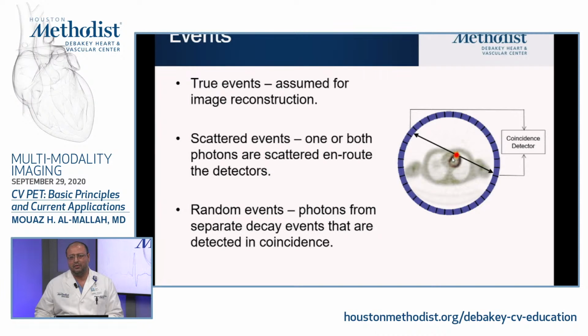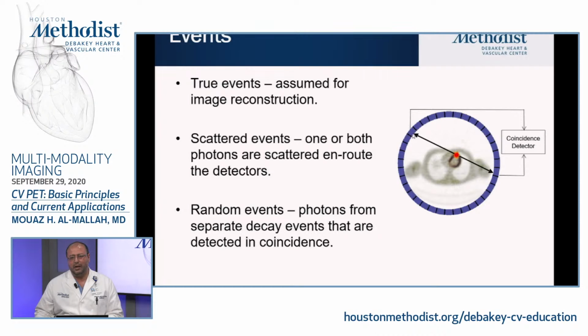Now the biggest question: how do you know that these photons are coming from the heart versus other organs? The main thing, which we'll talk about a little later with positron emission tomography, is that you have two photons that come out 180 degrees apart.